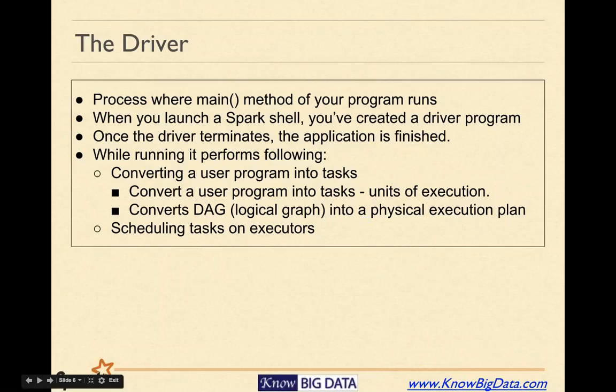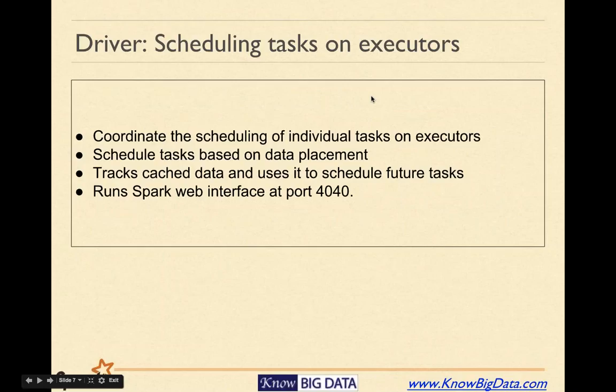So first it converts your program into tasks. Okay, first converting your whole program into a DAG, and then each individual unit breaking down into the task to be performed, and afterwards doing the real execution. So the driver schedules tasks on executors, coordinates the scheduling of individual tasks on executors. When the driver schedules tasks on executors, the following things happen.